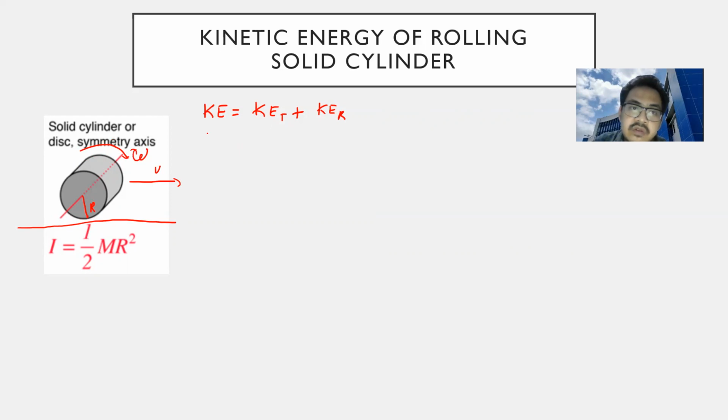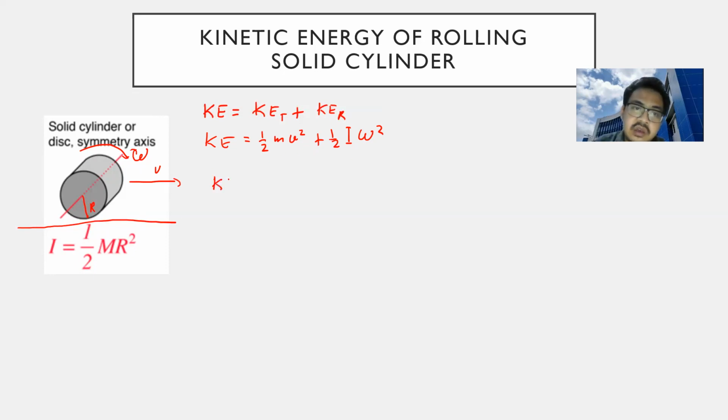Okay, let's elaborate this. The kinetic energy equals half times m v squared plus half times I omega squared. Let's substitute.